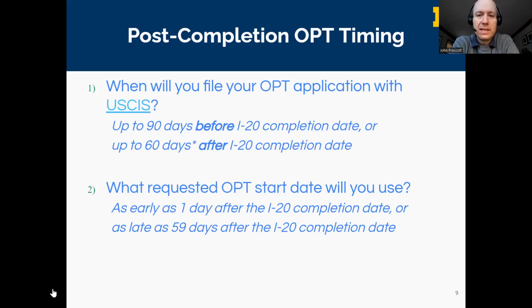That would be the standard I-20 end date that we would use for someone finishing in next winter term. And so you can apply for OPT as early as the first week of February, which would be just about 90 days before the end of April.